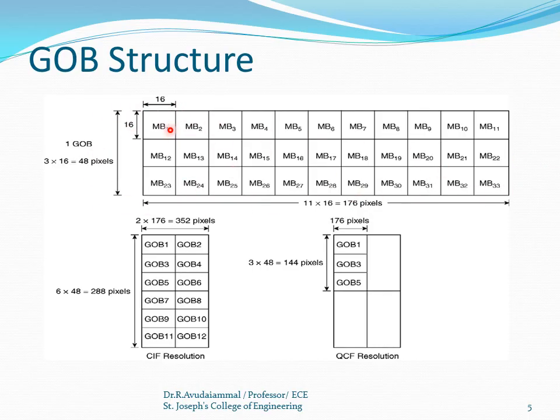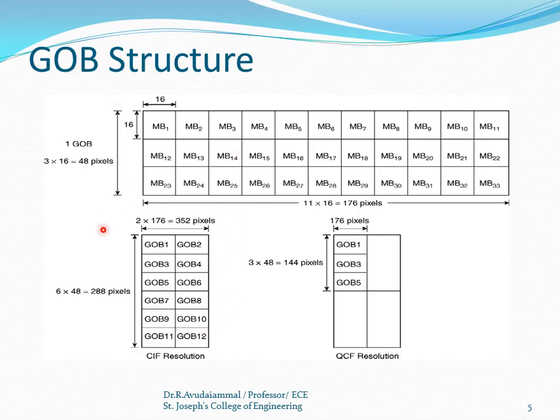It is well known that the size of a macro block is 16 by 16. Therefore, with 3 rows, the height is 3 times 16, 48 pixels. And the width is 11 macro blocks, so 11 times 16 is 176 pixels. This is the structure of our GOB.